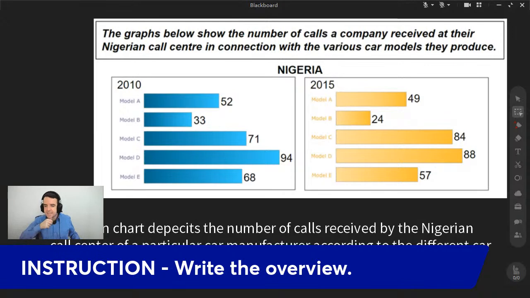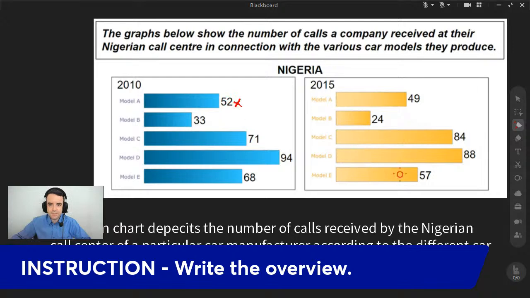Okay, Ranjana has the overview written. So let's have a look at this. You know what? Before I look at Ranjana's, let me show you what I'm looking for, based on this question. We said earlier on, we're looking for increases and decreases.